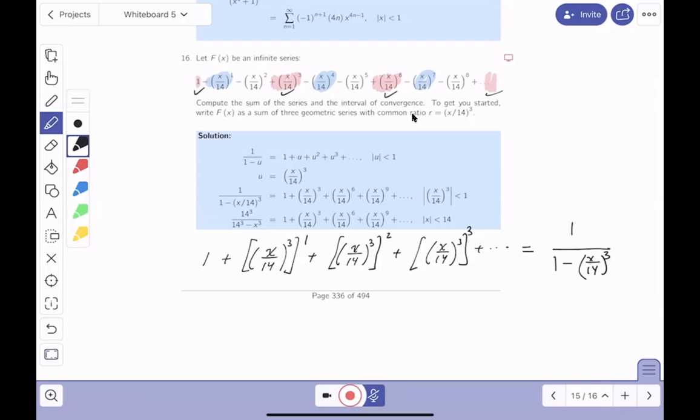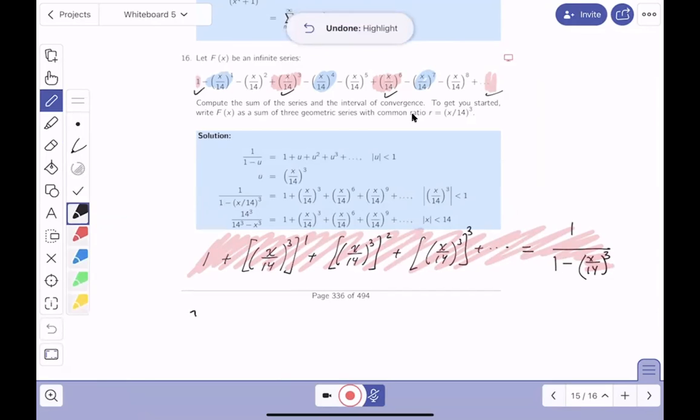I'll do it in blue. So this one over here, this is the red guy. Let me do the blue guy now. I don't know if I can do it. So it's x over 14 first power.